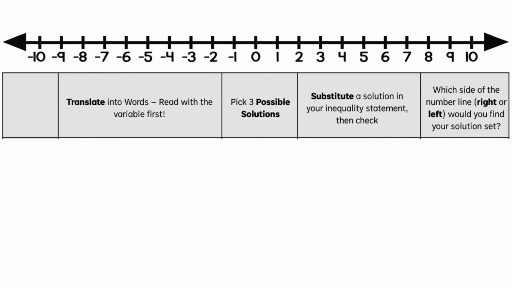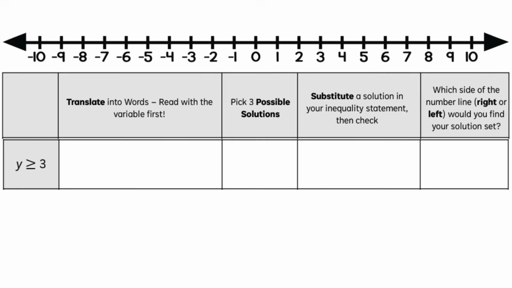It's easier for your brain to process. Then we will pick possible solutions, and then we'll substitute one of those solutions to check our answer. Then we're going to ask ourselves, are our solutions to the right of the number that we're talking about on the number line, or is it going to be to the left of the number that we're referring to on the number line?